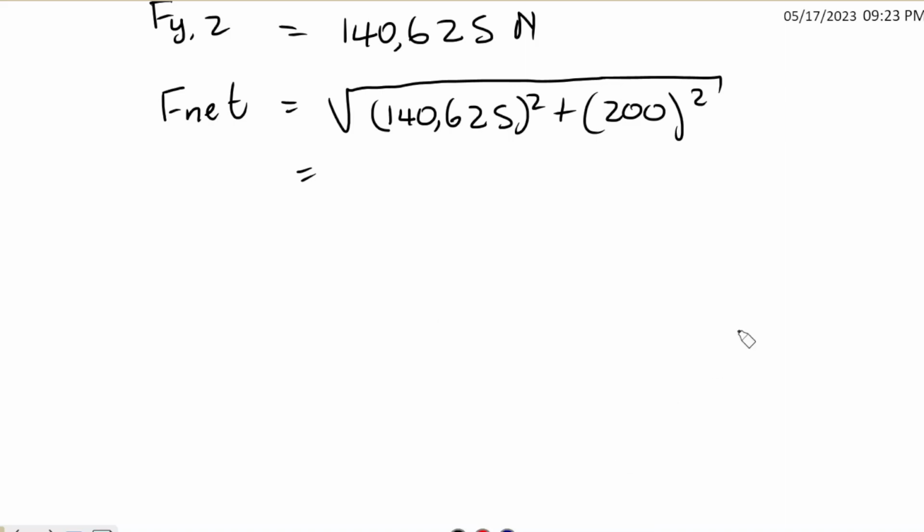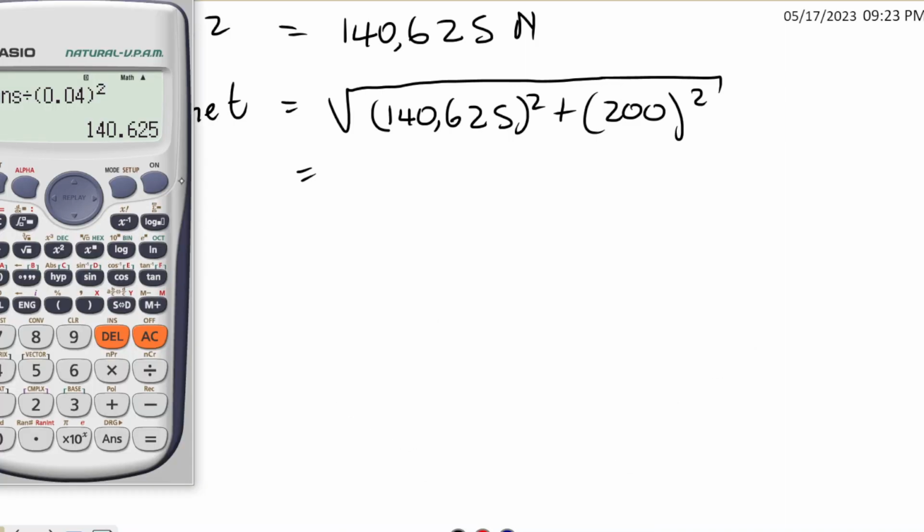We take the calculator, then we key in square root of 140.625 bracket squared plus 200 bracket squared.